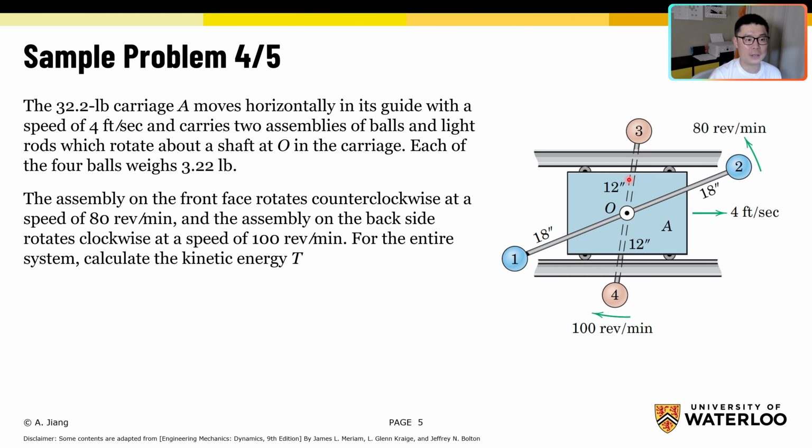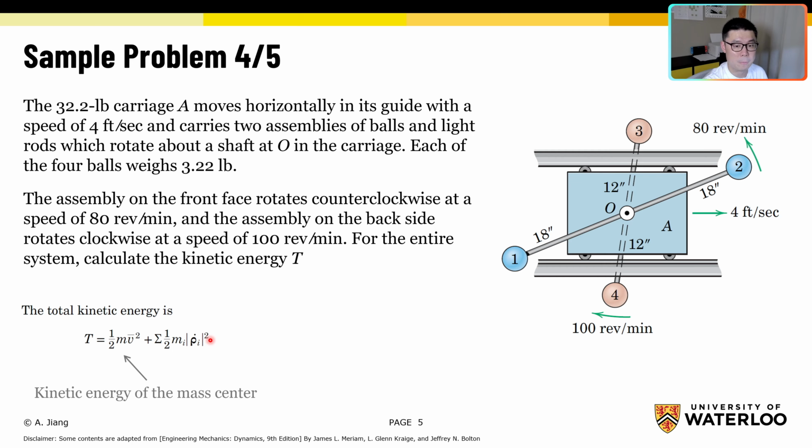So to calculate the kinetic energy of the system, and since we have the system itself also on the move, as well as those particles inside the system on the move, we need to use the generic kinetic energy equation, which is defined as 1/2 m v bar squared, plus the sum of 1/2 m_i rho_i dot squared.